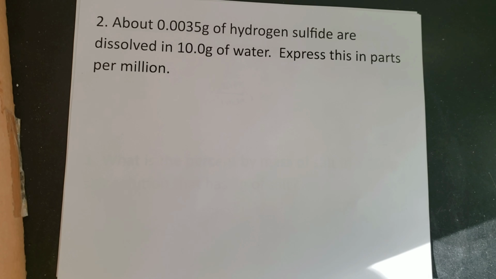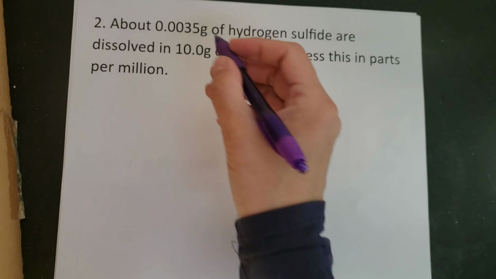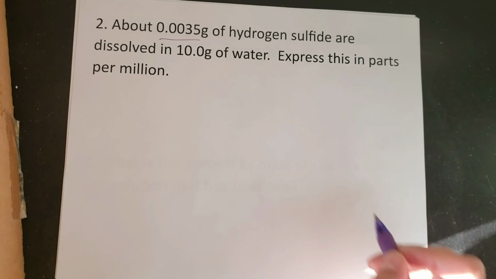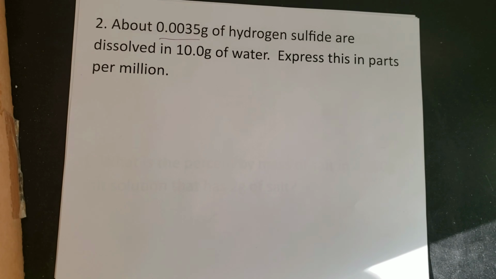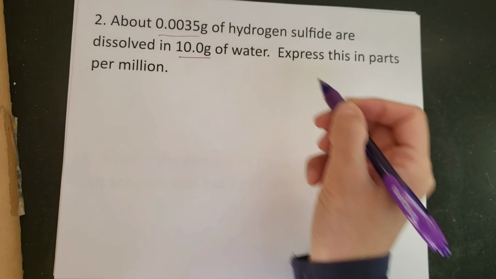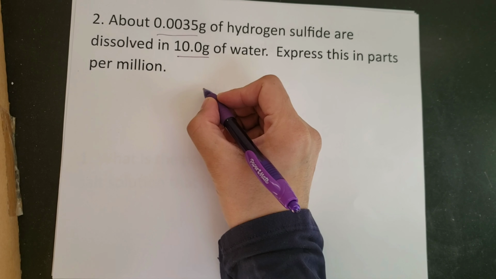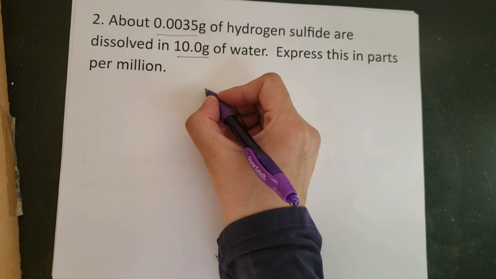This next parts per million problem, we are given a mass of 0.0035 grams of hydrogen sulfide, and we see that it is dissolved in 10 grams of water. So what you can do is divide the grams of solute by the grams of solution.